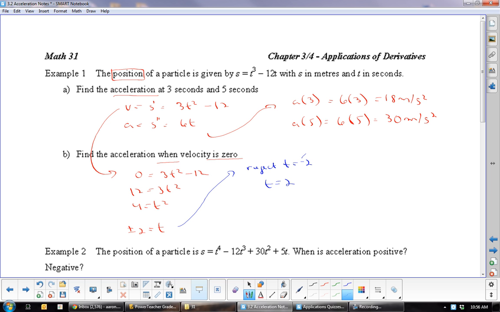Can't have negative time. So at 2 seconds, we just have to find out what the acceleration is. We know that a equals 6t, so a equals 6 times 2, which is 12 meters per second squared. So I was accelerating at 12 meters per second squared when I hit the velocity of 0.